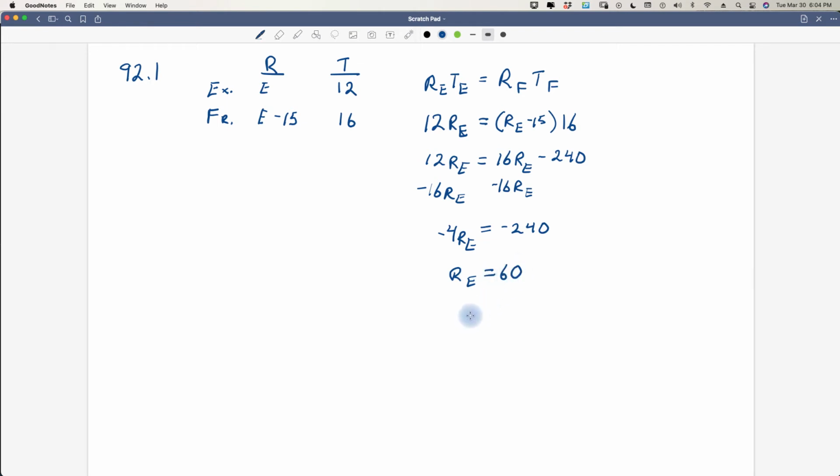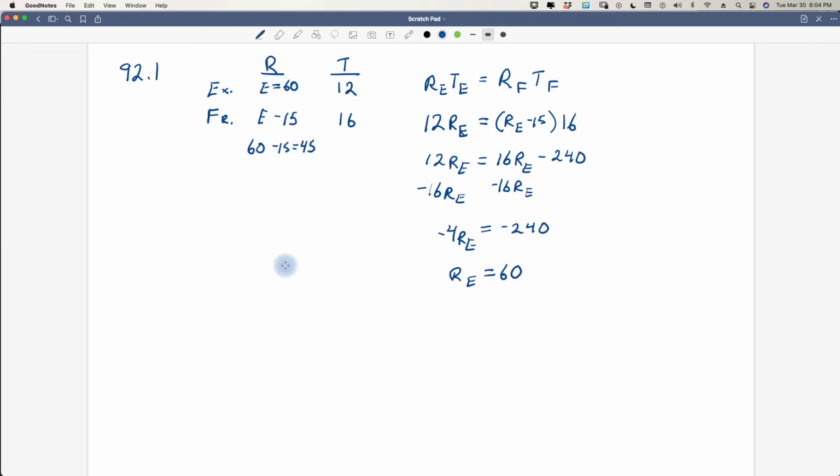Now we can figure out the rate of the freight because E minus 15, the rate of the express, is 60 minus 15 equals 45. All right, so now we have that this equals 60 and this equals 45.